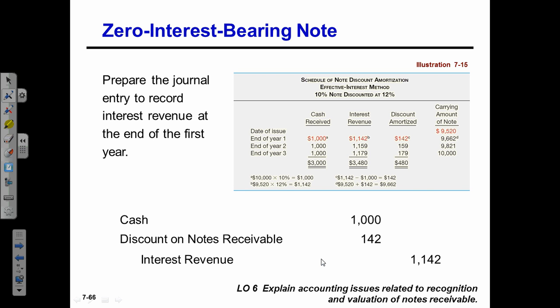If I was borrowing money, I'd debit cash, right? Credit notes payable. And I still have the discount to mess with. By the way, can you have a premium? Theoretically, you could, but in non-arm's length transactions, you cannot. You know, you can charge the same or less. Okay, cool.